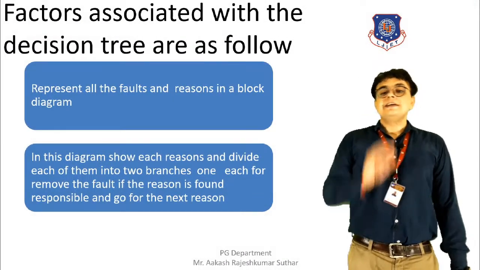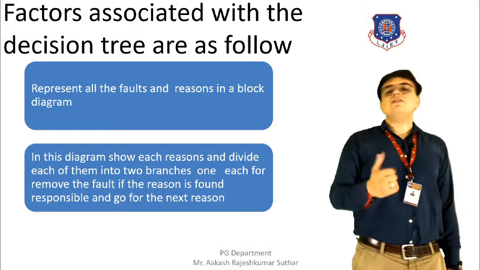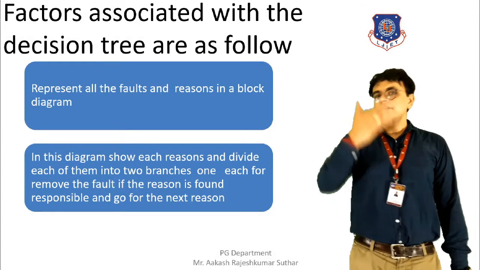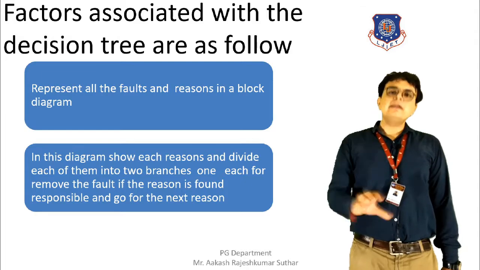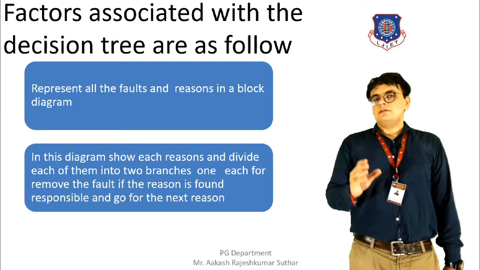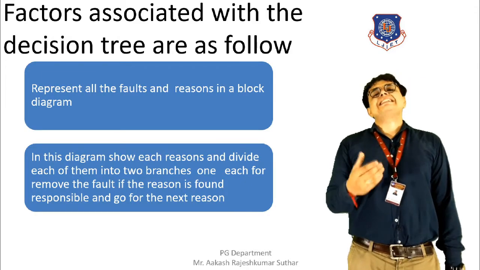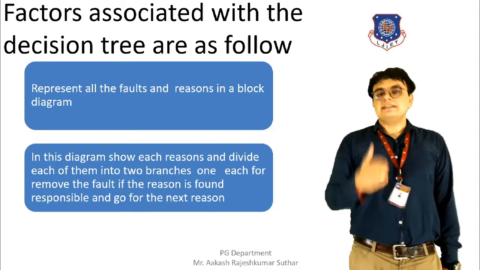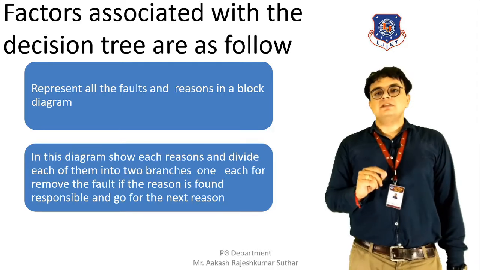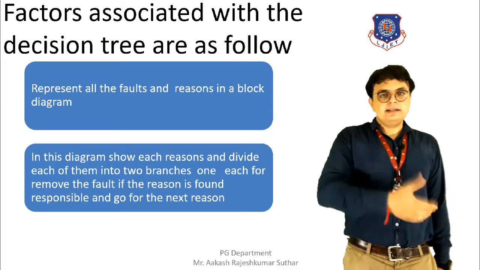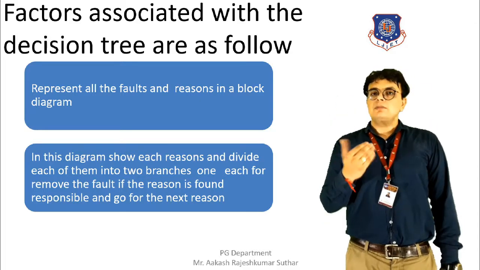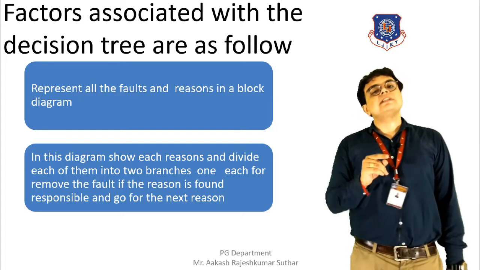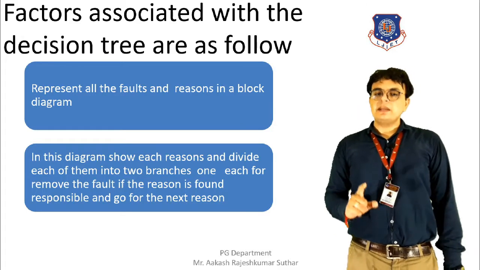Next, we need to represent all the faults and reasons in a block diagram. This means, in a decision tree diagram, we have to list the faults and the reasons in blocks. It can be either a rectangular block or a square block, but it should be represented in blocks.